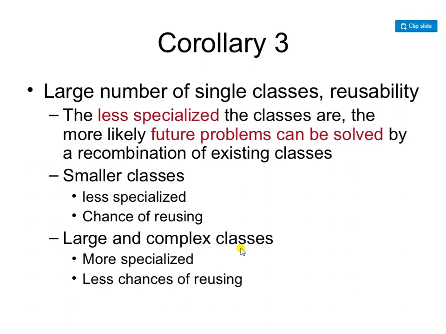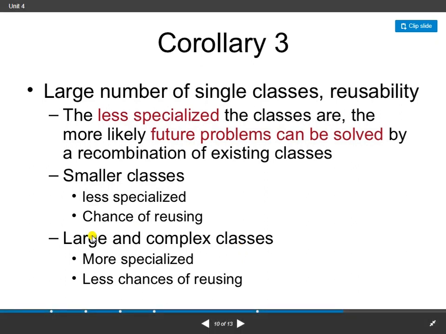Reusability: the less specialized the classes are, the more likely future problems can be solved by a recombination of existing classes.